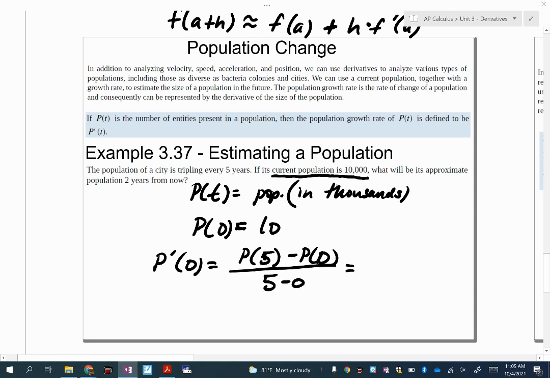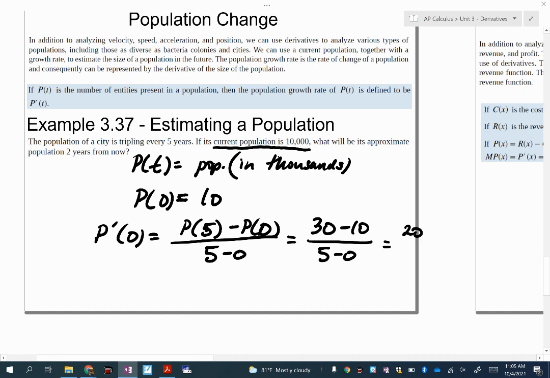Tripling gives 30,000, since 10 times 3 is 30. So that's 30 minus 10 over 5 minus 0, which is 20 over 5, which is 4. So P prime of 0 is equal to 4. One second, let me check again.